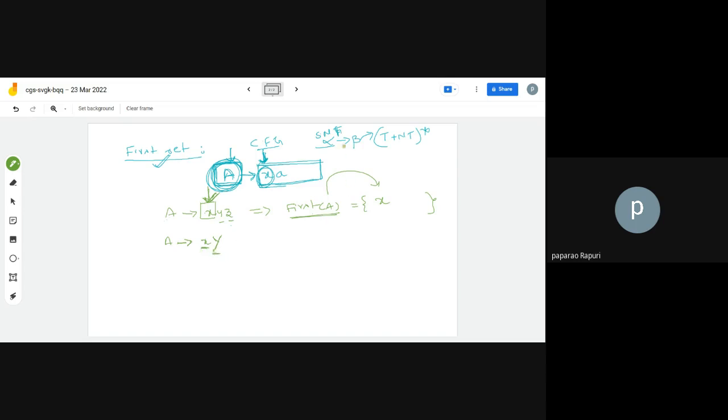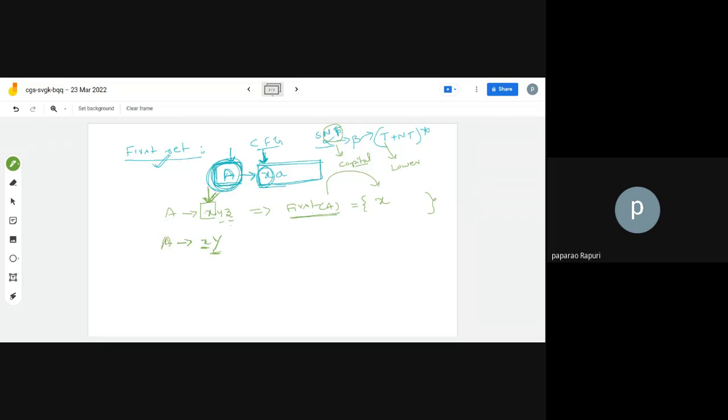We know all the non-terminals are represented with capital letters and all the terminals are represented with lowercase letters. So that means this is the non-terminal and this is the terminal.